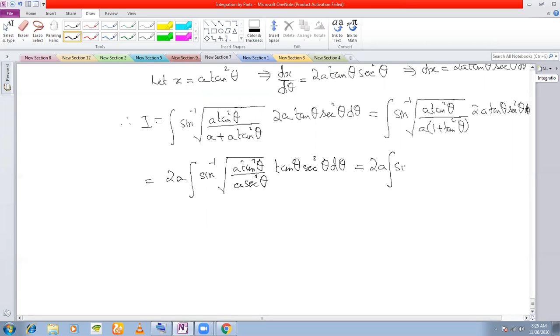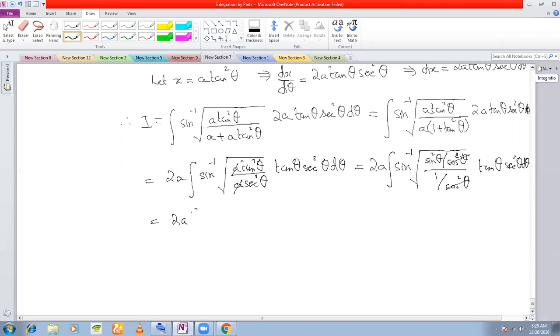Now what about this? See, this a and this a cancel under the radical, and if you change tan square to sine square by cos square, and if you change sec square to 1 by cos square, into tan theta sec square theta d theta, right? Now this cos square cancels.